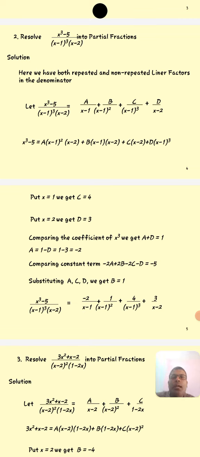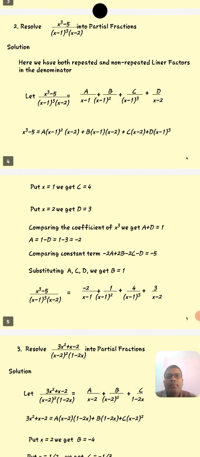So how to write in partial fraction format? A by x minus 1, b by x minus 1 whole square plus c by x minus 1 whole cube. Here the repeated factor is completed. Now the other one is a non-repeated factor, that is d divided by x minus 2.